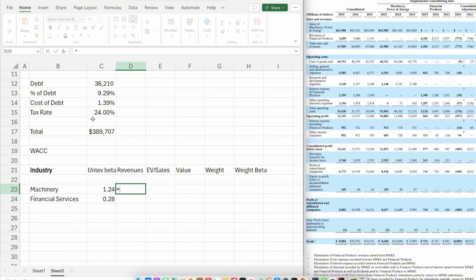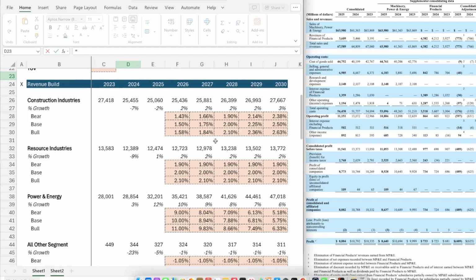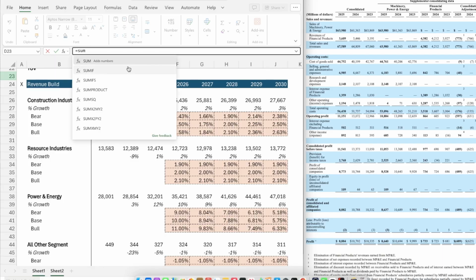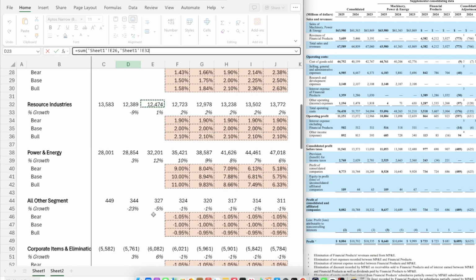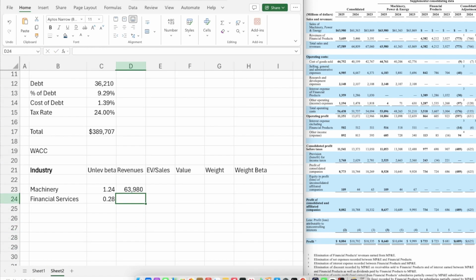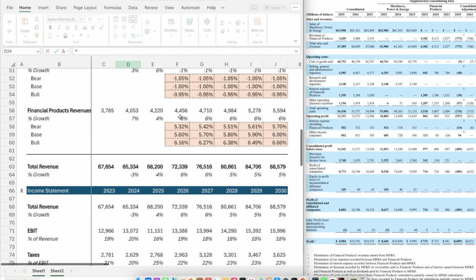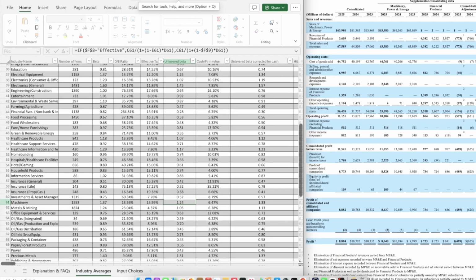The revenues equals, and financial services is just the EV to sales.